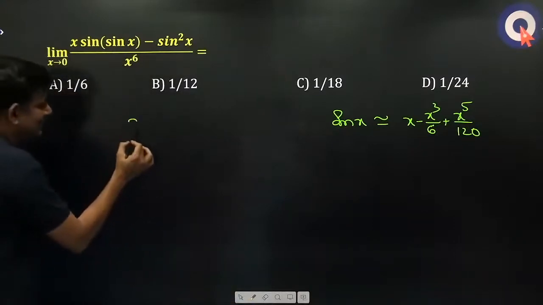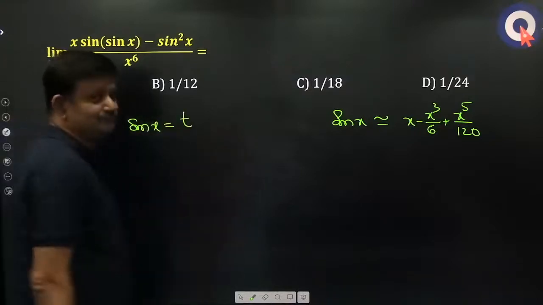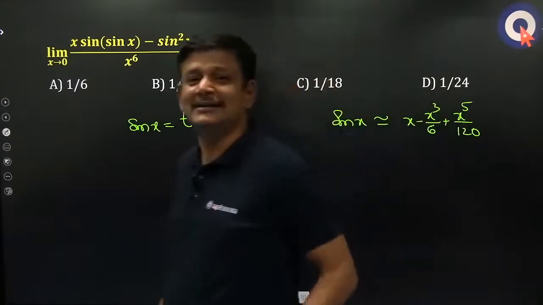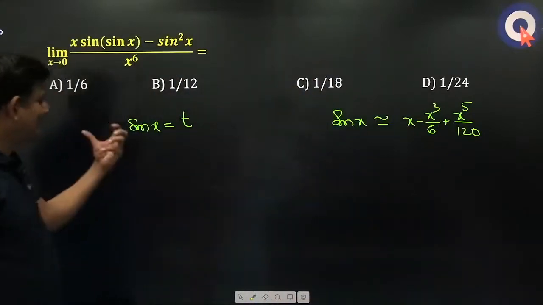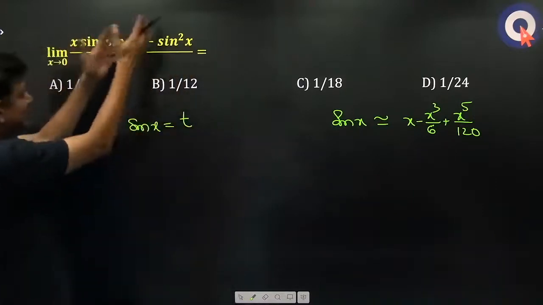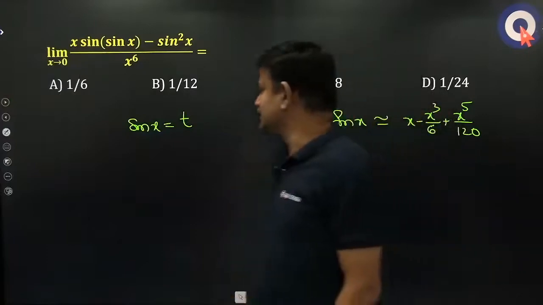By taking sin x as some t. Wherever you find discomfort in your indefinite integration, you substitute that is equal to t. The same discomfort I am finding here with sin x. So I will go for a substitution, sin x is equal to t.